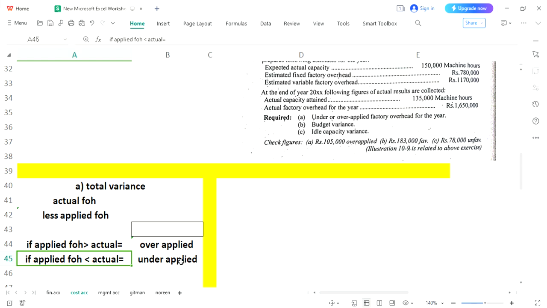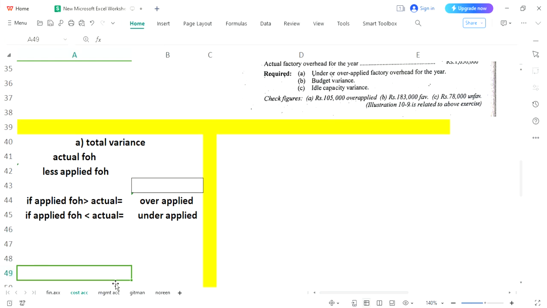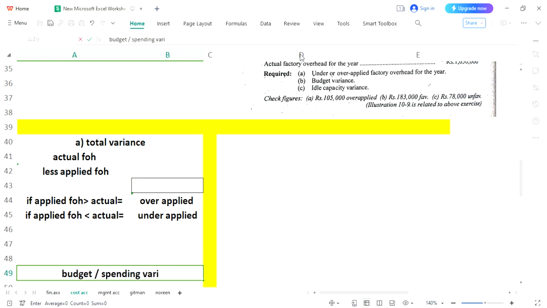And then after completion of this, you will be calculating the second variance, and that variance is called budget variance. Another name, the second name of this budget variance, was discussed in the previous lecture. You will be calculating budget, and the second name is spending variance.